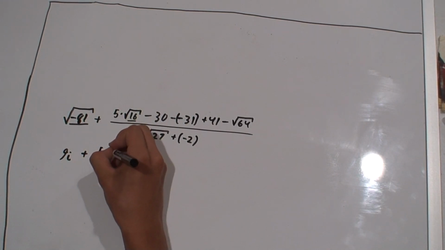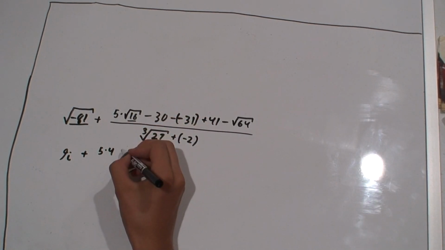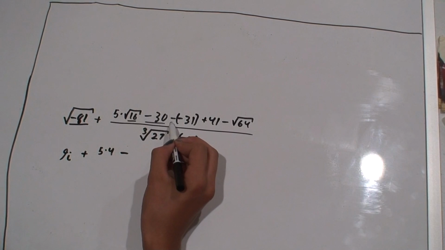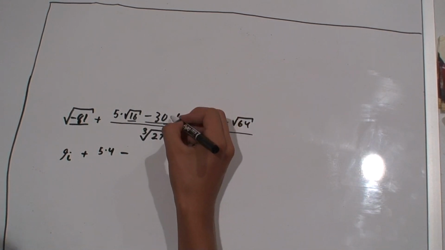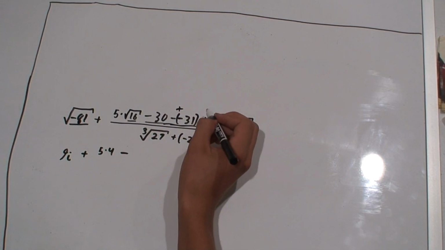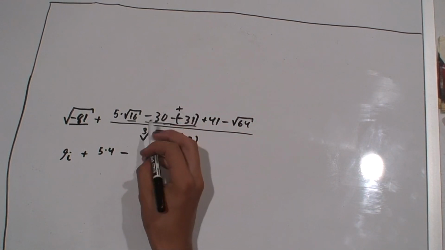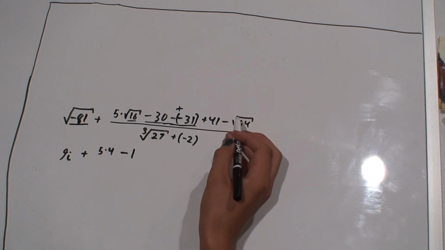So 5 times 4. Minus, we take negative 30 minus negative 31. If you minus a minus, it becomes a plus. Negative 30 plus 31. That would be negative 1. So now we have 5 times 4 minus 1.